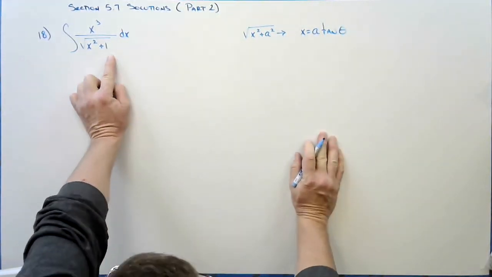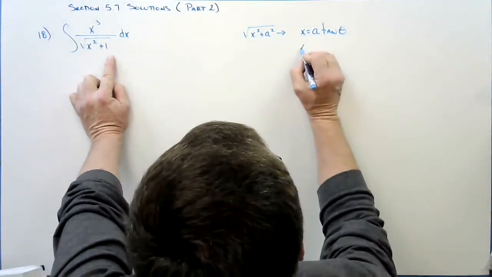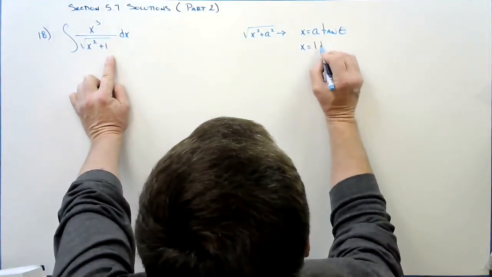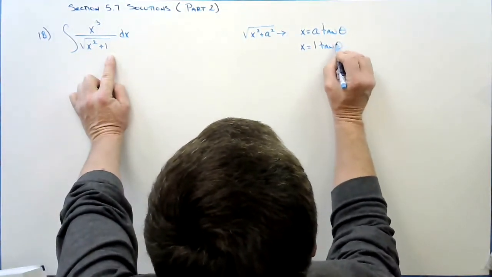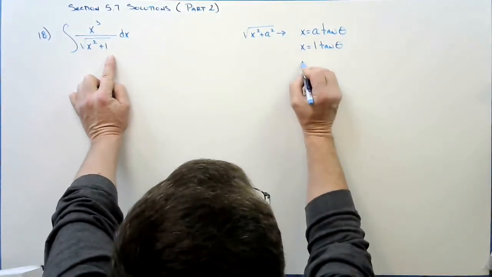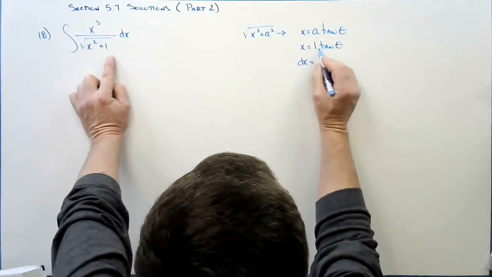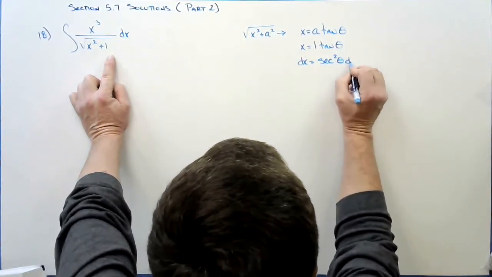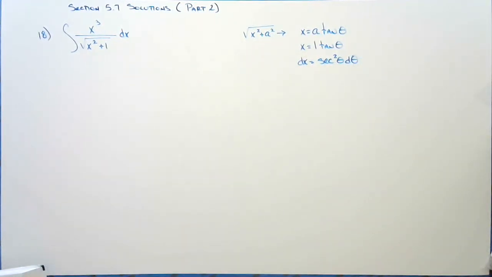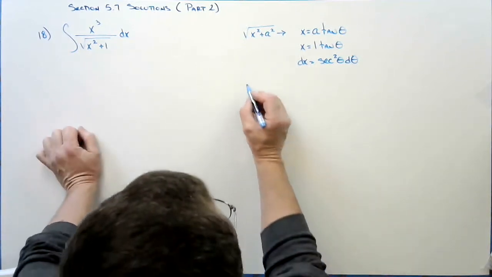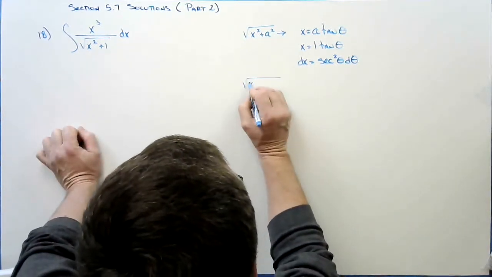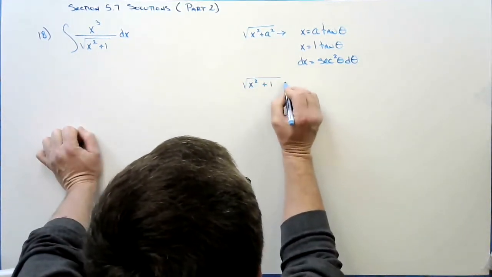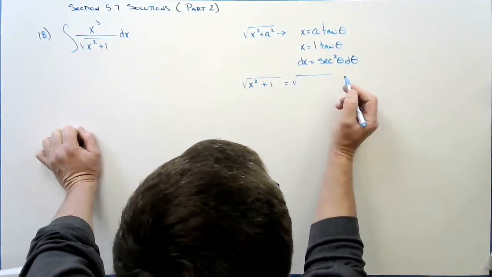And in this case, our a is 1, so we're going to use x equals 1 tan theta as our substitution. So dx is going to be the derivative of tangent. That's going to be secant squared theta d theta.